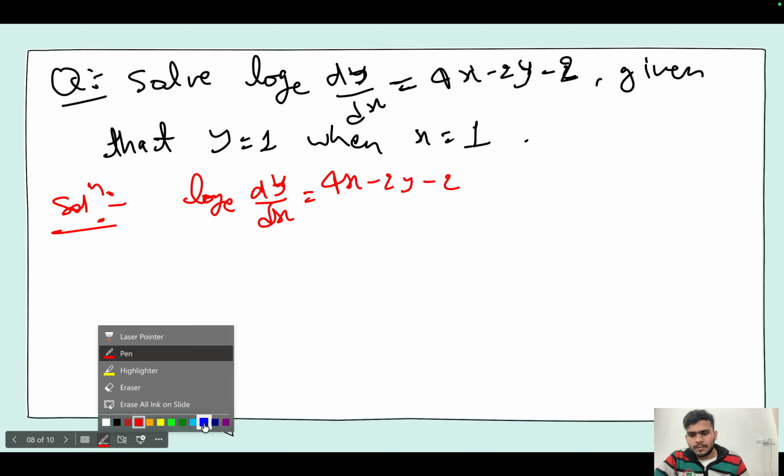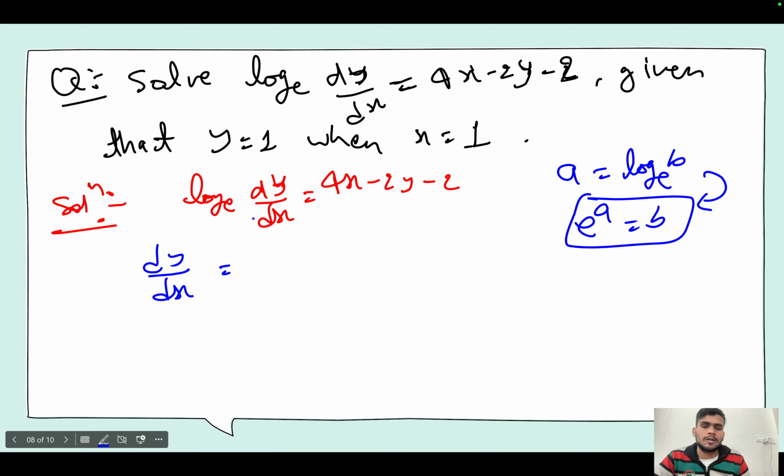We are using this property here, so it will become dy by dx is equal to e to the power 4x minus 2y minus 2. Remember, in a differential equation, if you see the term in log or sine inverse, like inside a function.